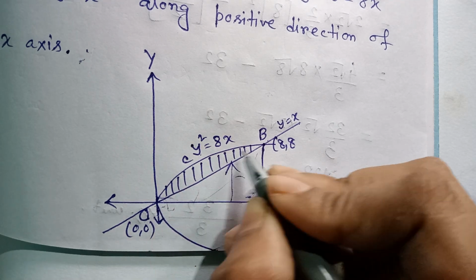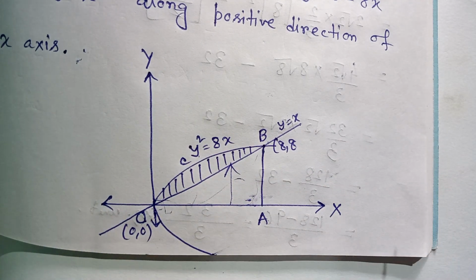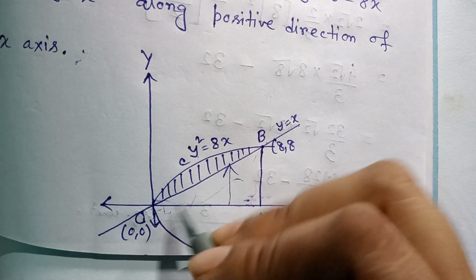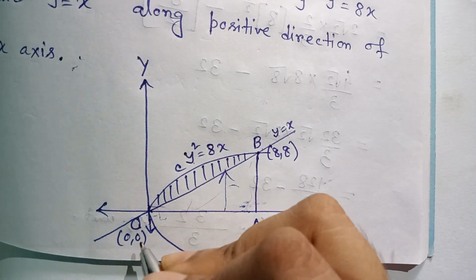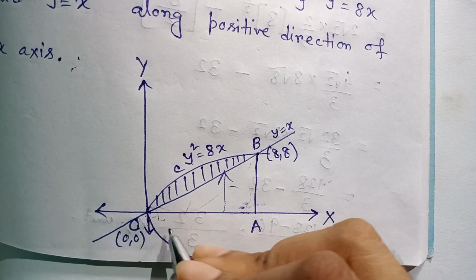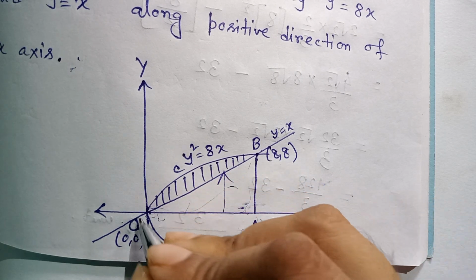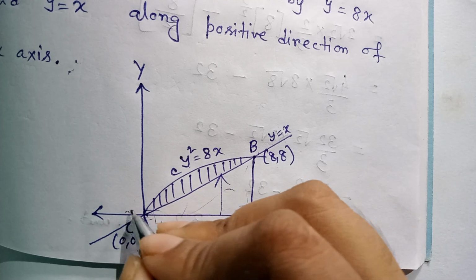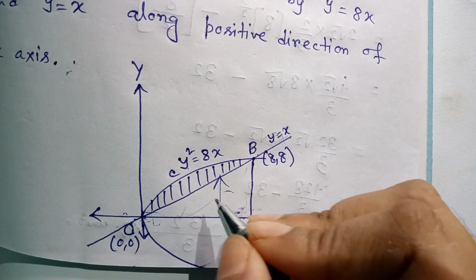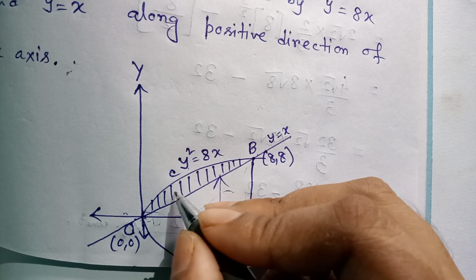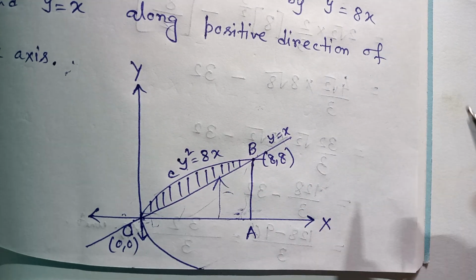This is the shaded part. For this we have to find two points of intersection, and then if we find the area of the whole part, that is OABCO, and we find the area of the triangle OAB, then we subtract these two, we get the area of this bounded region.